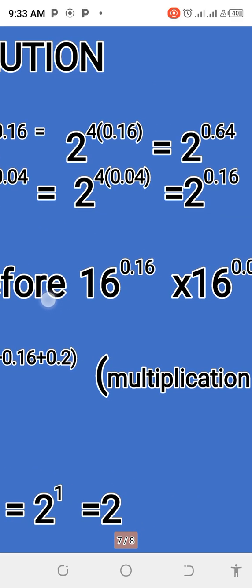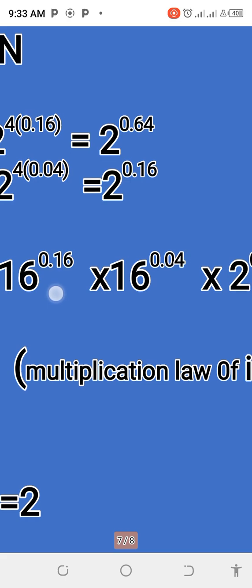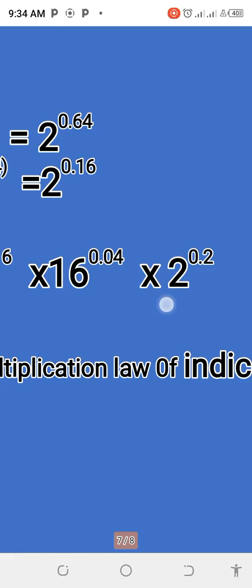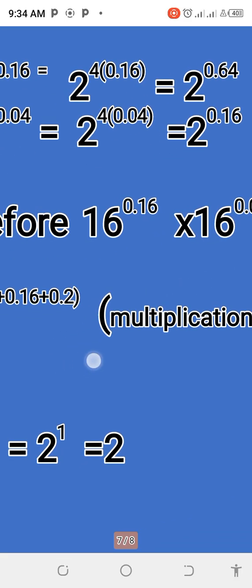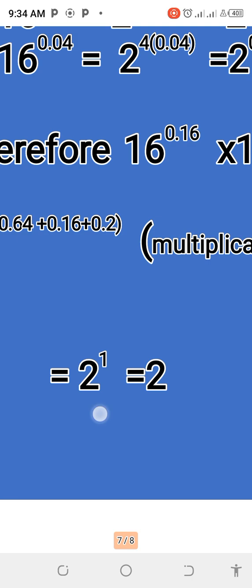So therefore, 16 raised to the power 0.16 times 16 raised to the power 0.04 times 2 raised to the power 0.2 is as good as 2 raised to the power 0.64 plus 0.16 plus 0.2. And when you add these decimals together, you will have 1. So it becomes 2 raised to power 1.